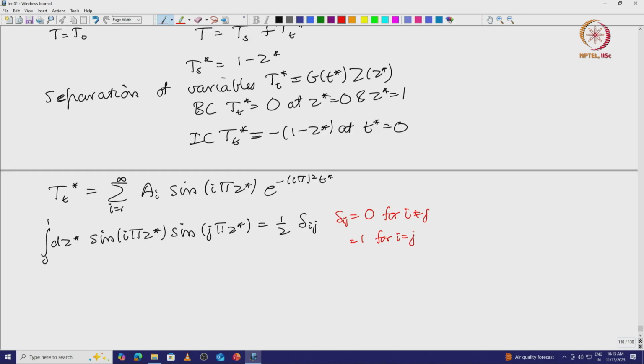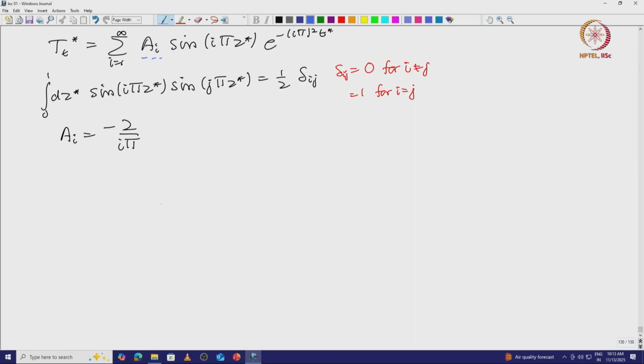Using this we had got all of the coefficients as a_i is equal to minus 2 by i pi, and substituted that to get the temperature field. This was for a Cartesian coordinate system.